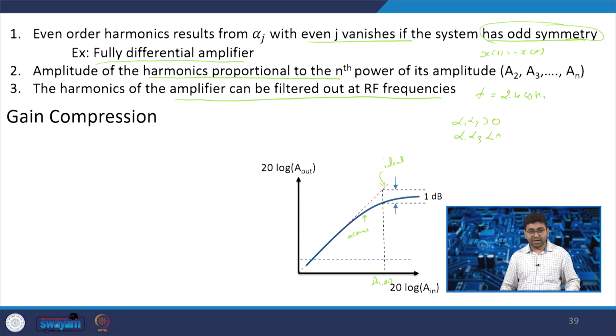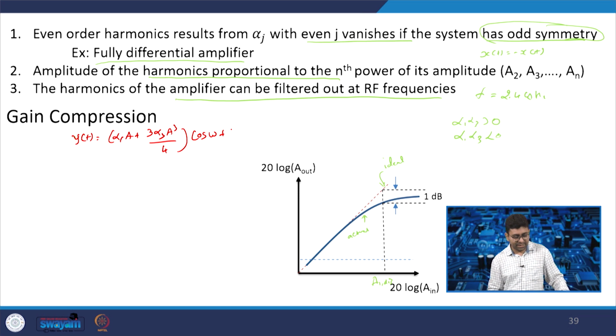So, we can try to solve for A 1 dB and its equation with respect to alpha 1 and alpha 3. Here I am writing y(t) again: y(t) equals alpha 1 A plus 3 alpha 3 A cubed by 4, times cos omega t.